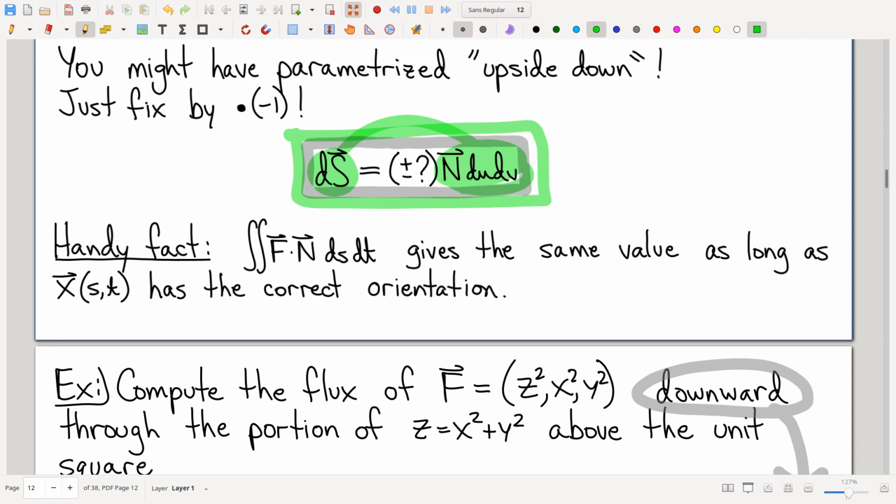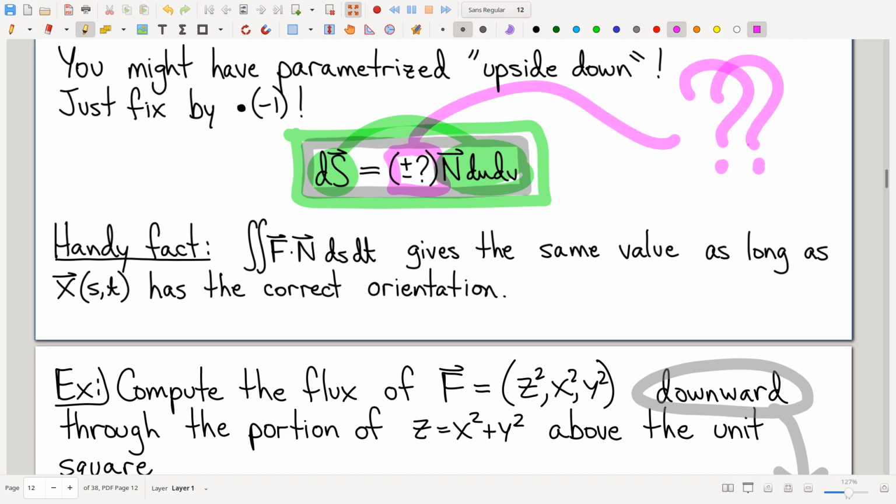The dS points in the direction of the orientation. The dS is intrinsic to the surface. Capital N is not. Capital N comes from the parameterization. So there is the potential conflict in there, and I recognize that by putting this question mark there in recognition that, I don't know, these may be backwards of each other. Okay, so let's see this in action.